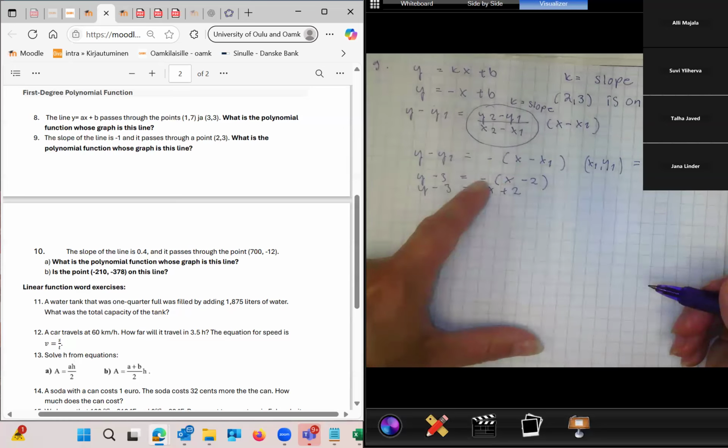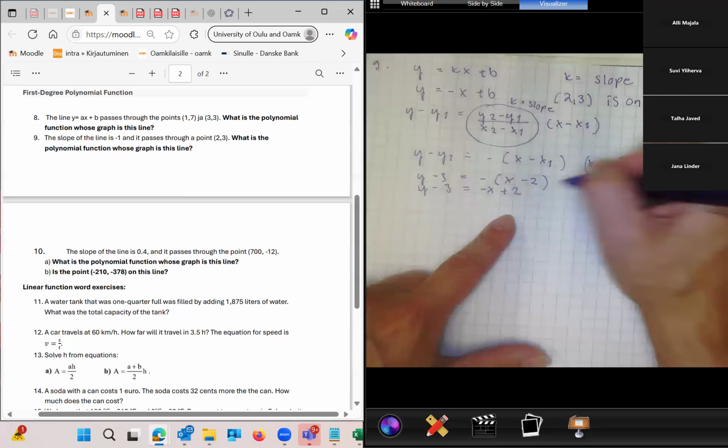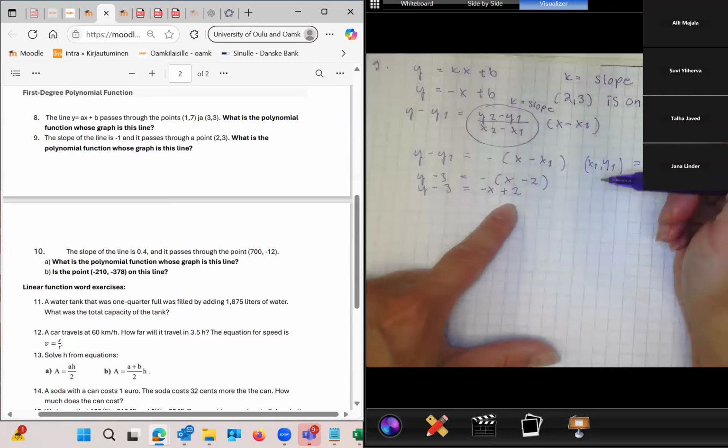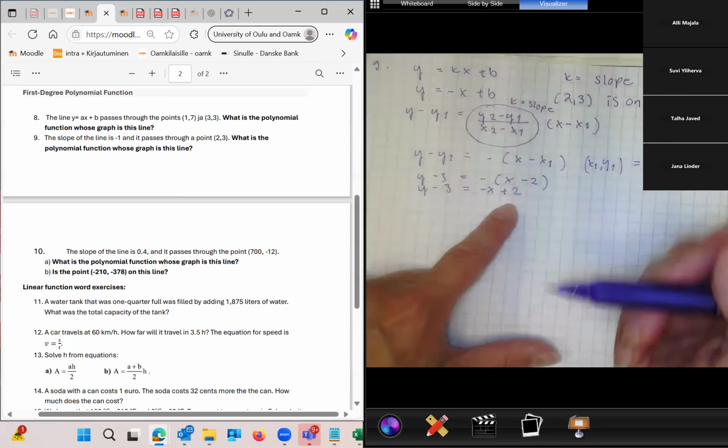Of course, this minus sign changes the signs in the brackets when I remove the brackets. Yes, this is something that you're familiar with.